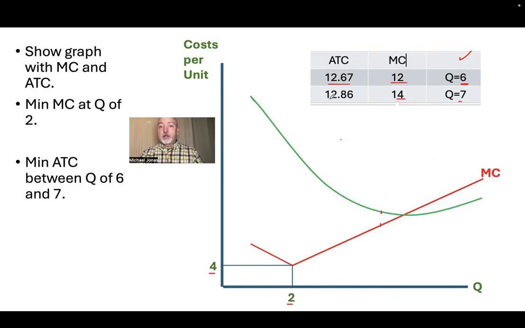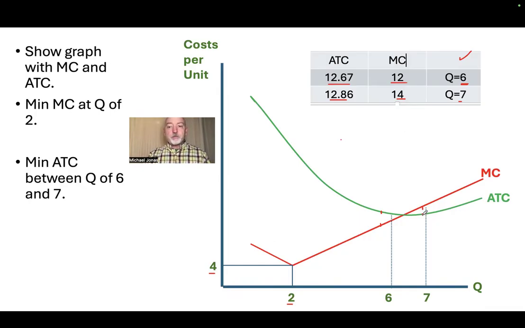So the marginal at 14 is above the average at 12.86. So that's going to be somewhere over here. So we can not exactly locate where that minimum is. It occurs somewhere in that range between 6 and 7.